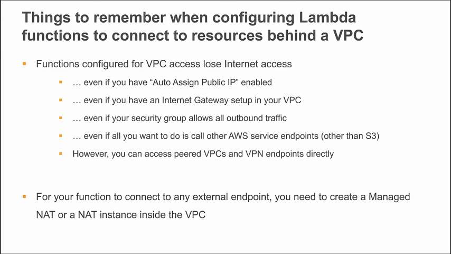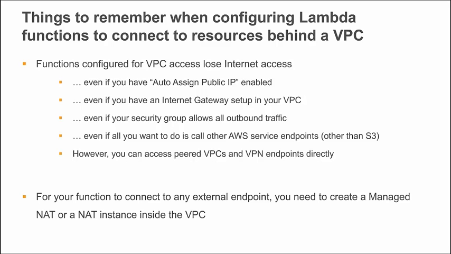A couple of things to remember when configuring the Lambda functions to connect to your private resources in the VPC. When you configure the Lambda function to connect to a VPC, the Lambda function will lose internet access. Even if you have auto-assign public IP mode enabled on your VPC, it still will not be able to connect to the internet directly.